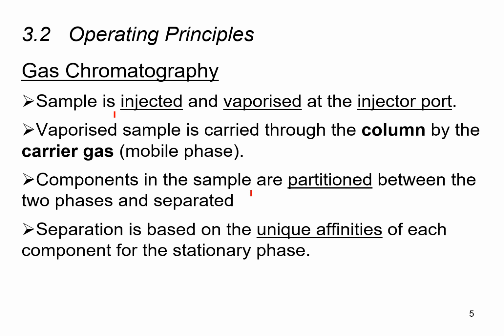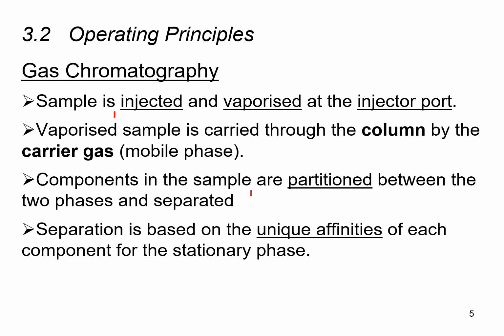So on the last line here, it actually says that the separation is based on the unique affinities of each component for the stationary phase. So that's just a fancy way of saying that the separation is based on whether each chemical component likes to interact with the stationary phase or not.